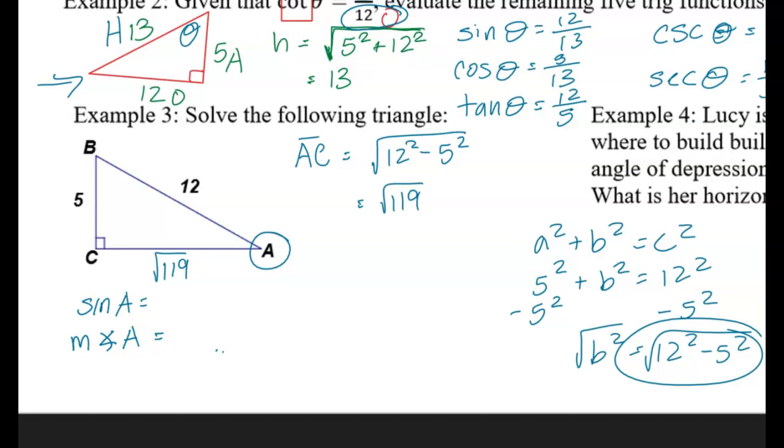Remember, it's SOH CAH TOA. So sine has O over H. So what is the sine ratio? Yes, 5/12.